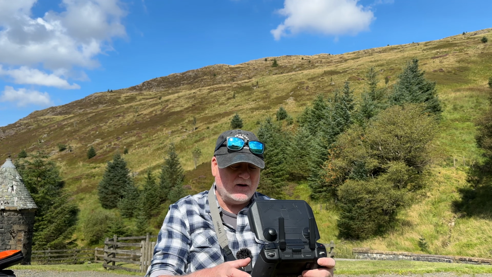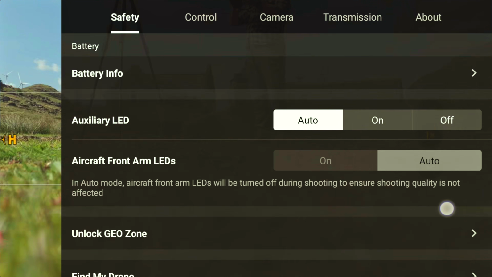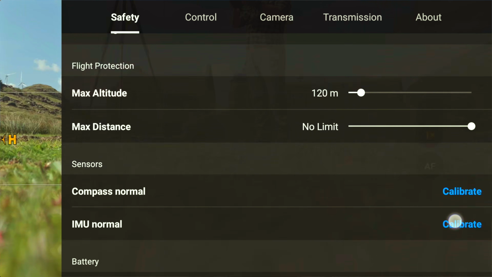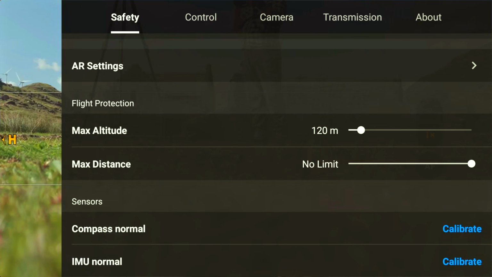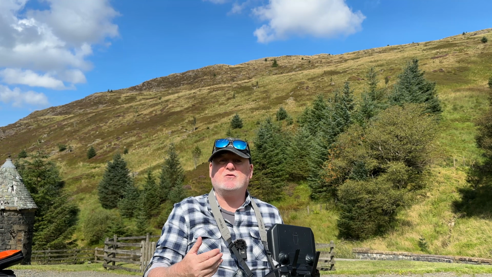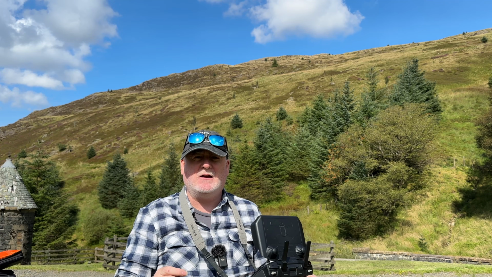In order to simulate what's happening with new drones that now come with a limit of 120 metres, a max altitude of 120 metres, I have set a hard limit of 120 metres on this Mavic 3, which actually has a limit of 1000 metres, but I've set the limit to 120 metres to simulate what it's like if you have a drone that actually has a hard limit of 120 and the slider won't allow you to go any further.